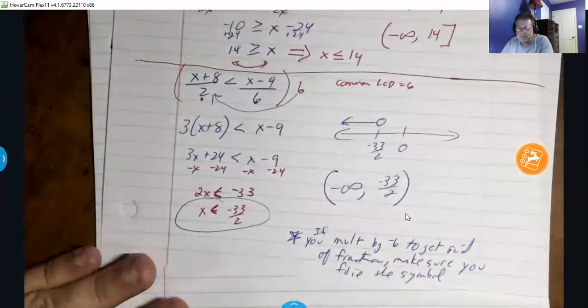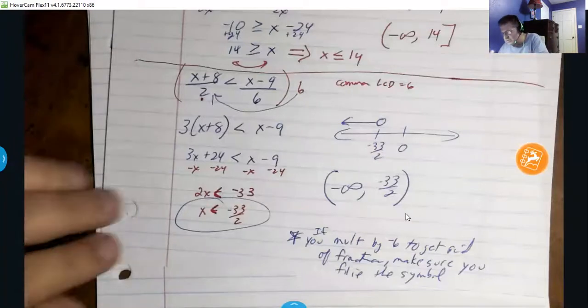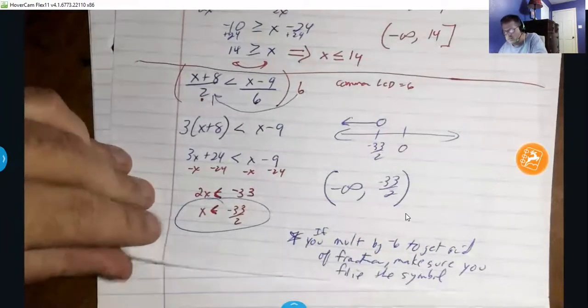If you happen to decide, I mean, if you want to multiply everything by negative 6, which I don't know why you would do on this problem, but if you did, you would have to flip the symbol in the middle. Okay, that would be part of the deal.